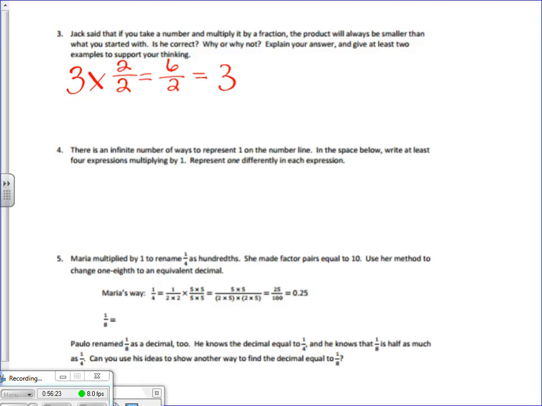He's saying that if I multiply it by a fraction, the product will always be smaller. Is it always smaller? You can say no because when you do blah blah blah, it's... Exactly. So is it always? No. Is it sometimes? Yes. So sometimes, but not always.